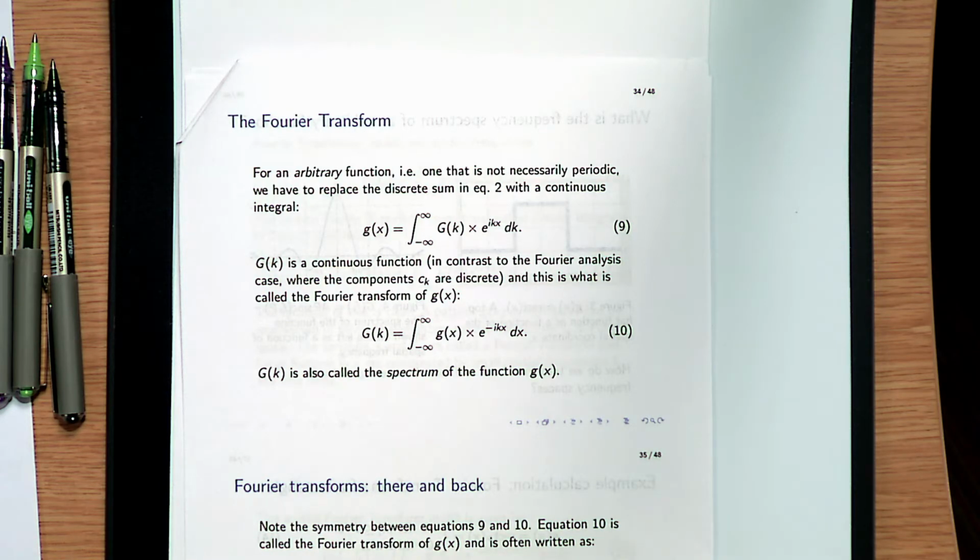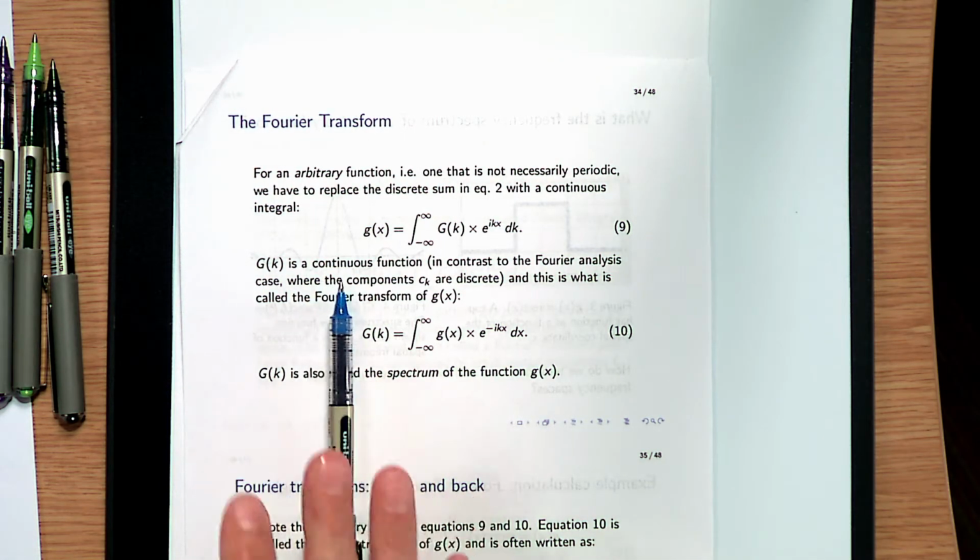If you do the same operations, you take different frequency components, you add the right phases, and by doing this with a continuous integral, including all possible frequencies and all possible phases, you can not just synthesize periodic functions, you can synthesize any function you want.